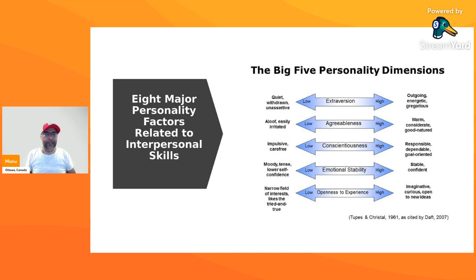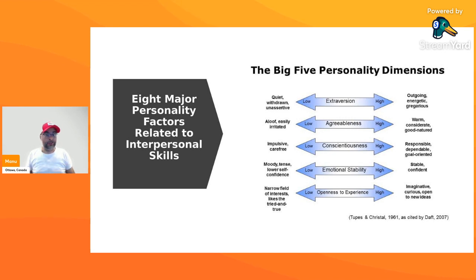Emotional stability, neuroticism on the high side, which is actually a low score. Stable and confident on the low side, moody, tense, lower self-confidence. That's a very difficult personality trait to really master working with.